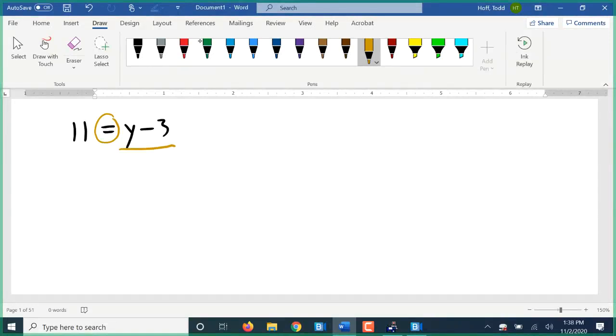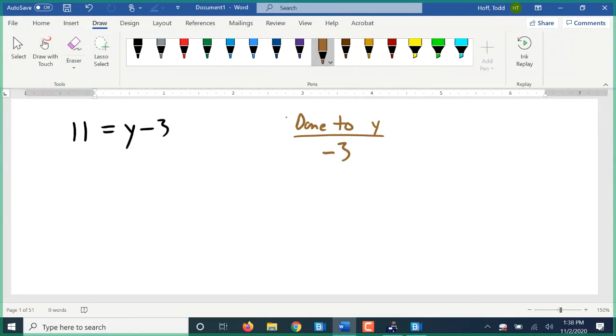And in this equation, that would be the 3. And we also have to ask what operation is attaching that to our variable. Well, here that 3 was subtracted. So when this equation was built, what was done to y was that 3 was subtracted from it.